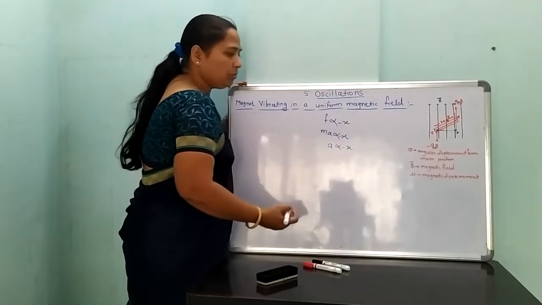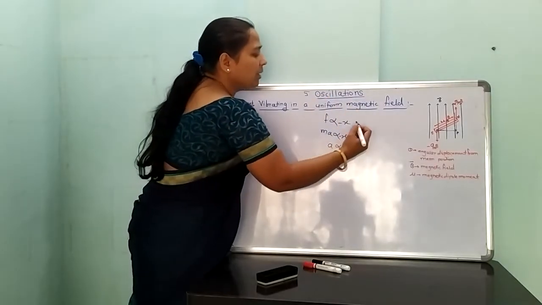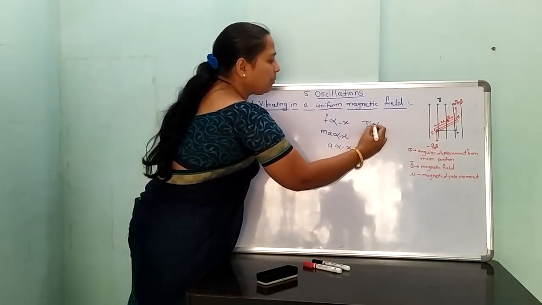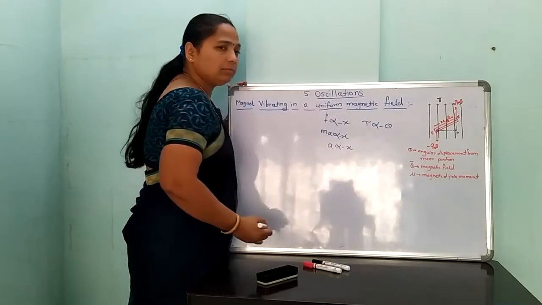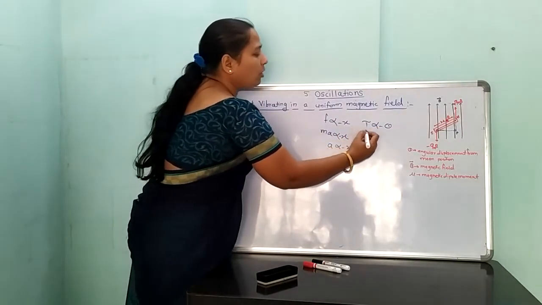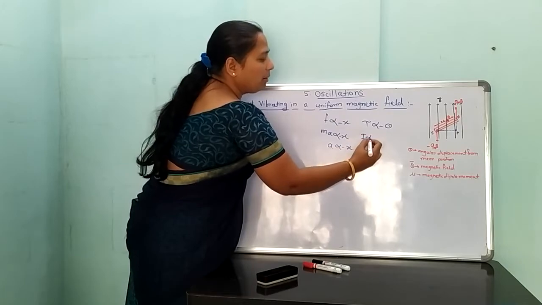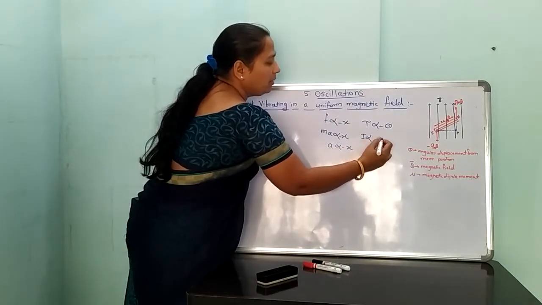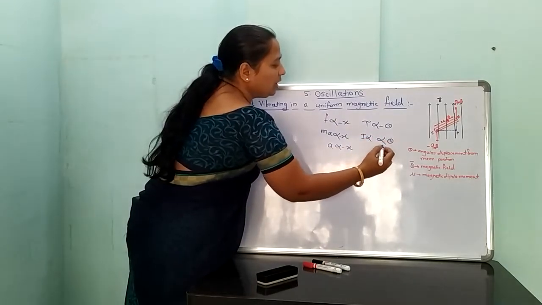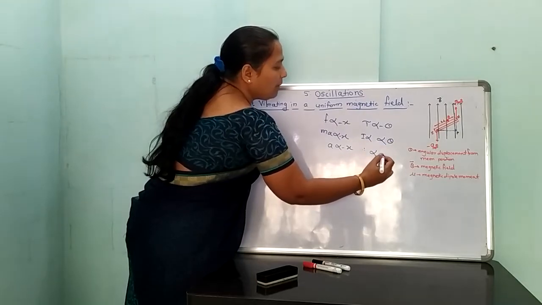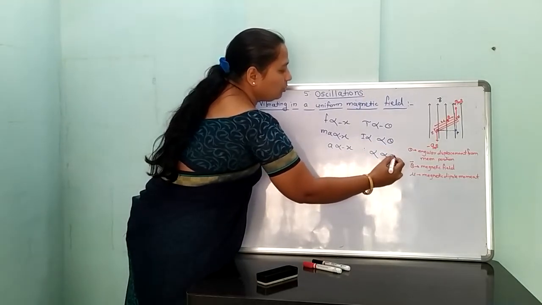In linear SHM it is so, but in angular SHM, torque is directly proportional to minus theta. And torque is equal to I alpha. I alpha is directly proportional to theta. Therefore, alpha is directly proportional to theta.